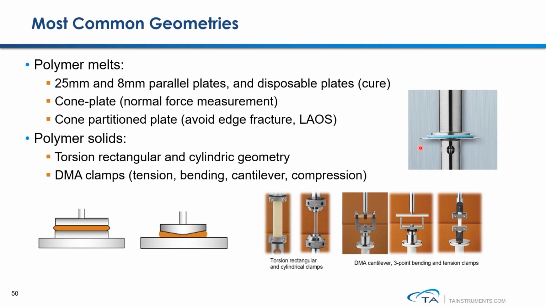To measure the rheological property of polymer solid samples, you can either choose to use torsional rectangular geometry and torsional cylindrical geometry to measure sample moduli under shear deformation mode, or choose to use one of these DMA clamps to conduct DMA type of measurements.